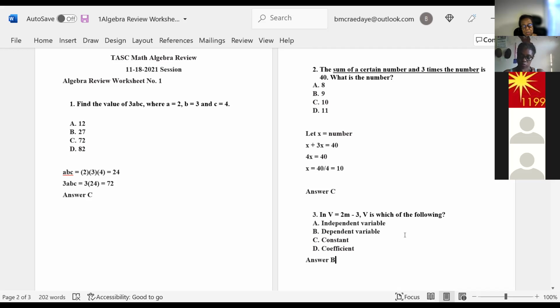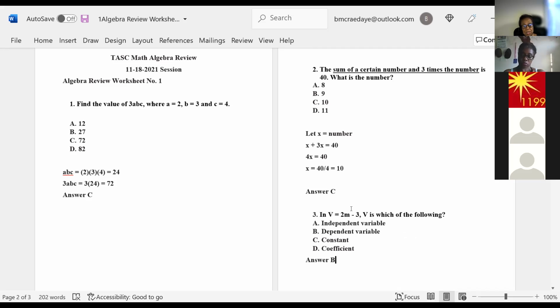V is your output, and it is dependent upon the input M. M is the independent variable. V is the output or dependent variable. Because how do we calculate V? We have to know what M is, right? We can't calculate V unless we know M.